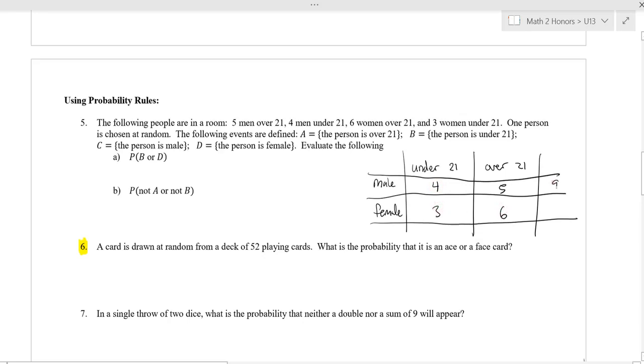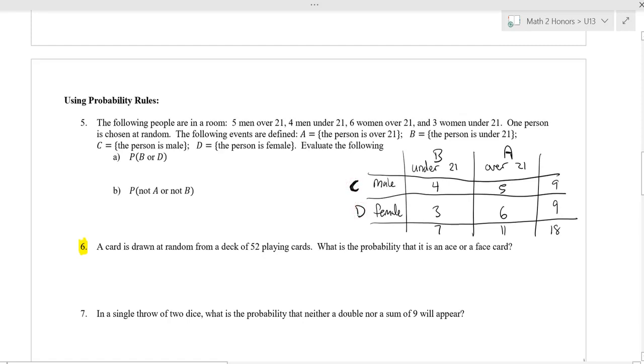Let's total this up. We get 9 men, 9 women, 18 total people, 11 are over 21 and 7 are under 21. Also, event A is that the person is over 21, so A goes here. B is the person under. C is the person is male, and D, person is female.